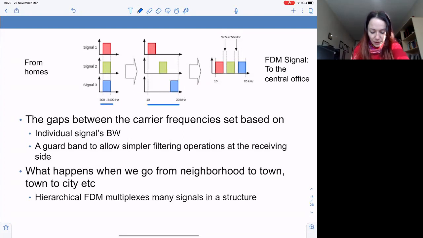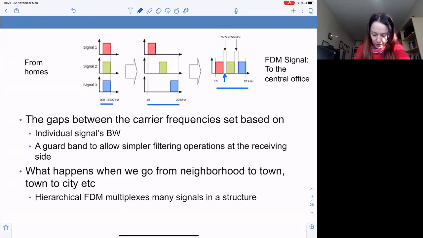So you can fit a number of different home signals in a given terminal, and then you transmit the collection to the central office. Obviously you need to put guard bands in between the signals.